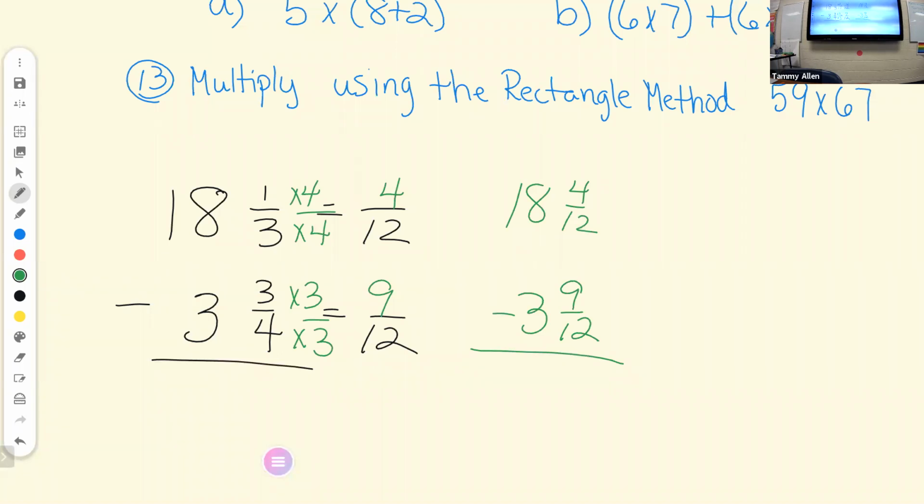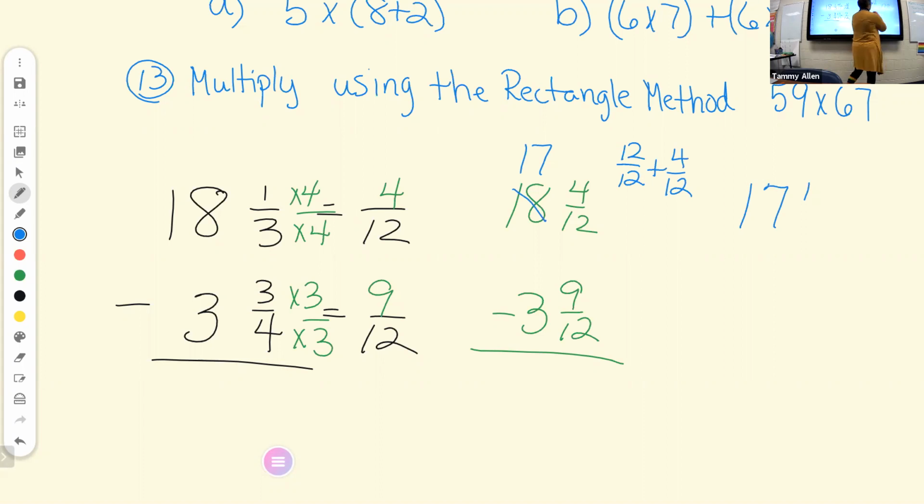Next. Audra. We subtract. And do we do 9 minus 4 is 5? No, absolutely not. Taylor, what do we do? You have to take away 1 from 18 to make a 17 and make 12 out of that, then add 12 plus 4, and that will be able to convert 17 to 17 and 16/12.